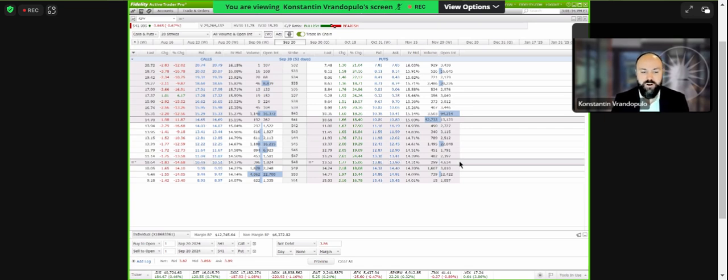Right now, if I want to create a synthetic long stock, I have a negative carry. I have to pay around $3.85 for it. Matt described the reason for negative carry being interest rates.